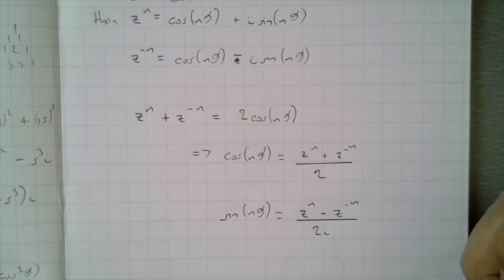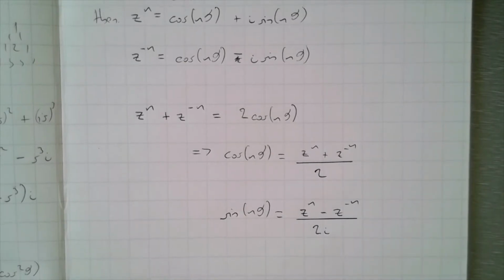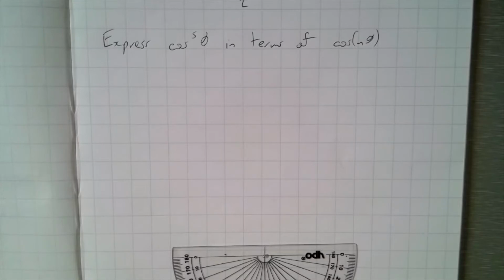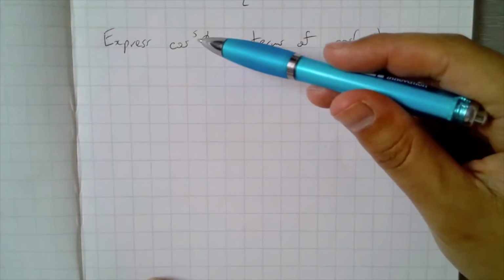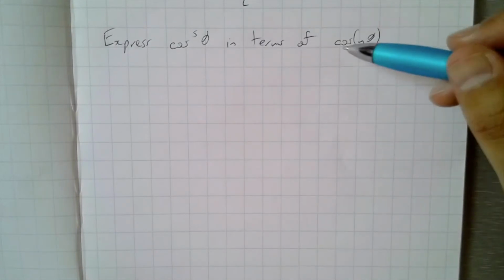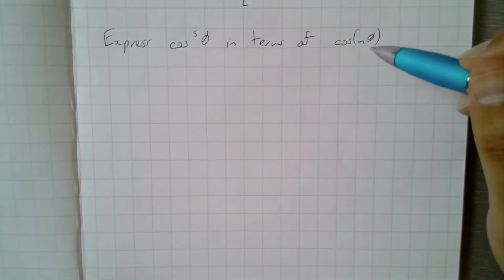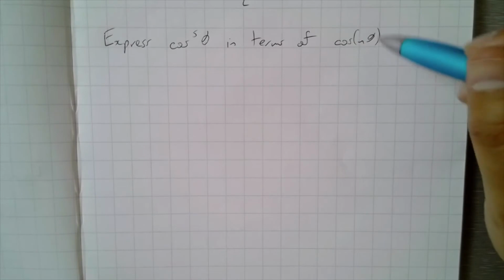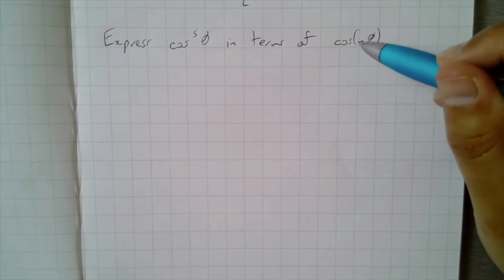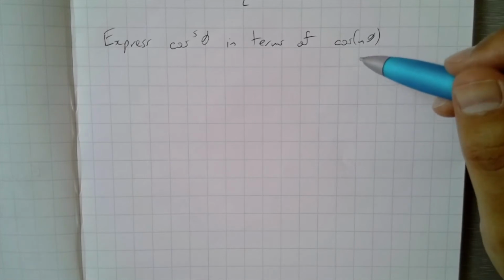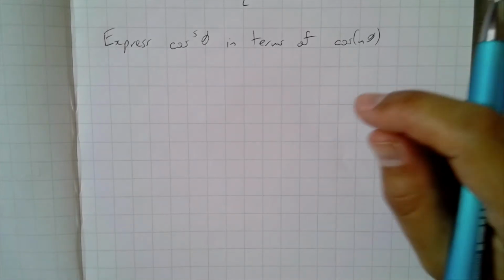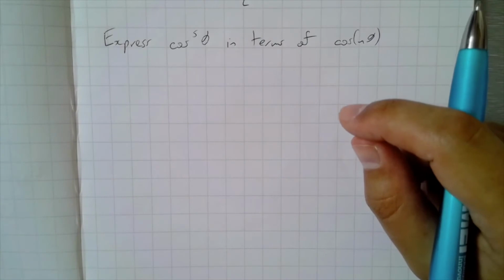We're going to use this for a particular example. The next example is this one. Express cos to the power 5 theta in terms of cos n theta, and we can have any combinations of whole number n's here, so it could be 1 theta, 3 theta and 5 thetas. We can have combinations of them, it's not an issue.